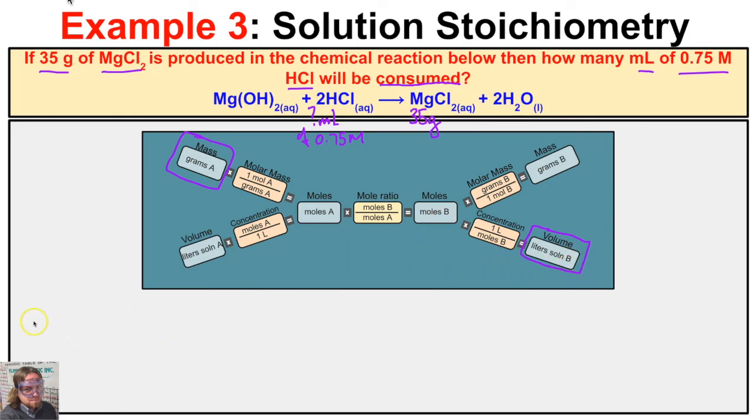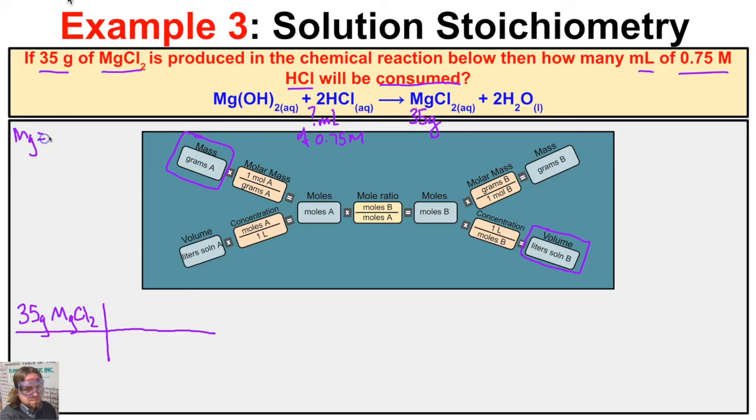If we take a look, we're starting off with 35 grams of MgCl2. And the very first thing that we need to do here is we have to figure out the molar mass of MgCl2, so that way we can convert it to moles right here. And so what is the molar mass of MgCl2?